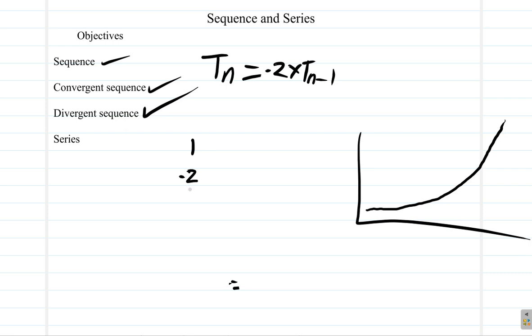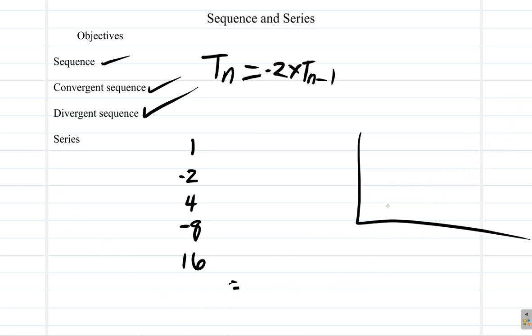Negative 2 times negative 2 would be positive 4. Negative 2 times positive 4 would be negative 8. Negative 2 times negative 8 would be positive 16. So it keeps switching from negative to positive.